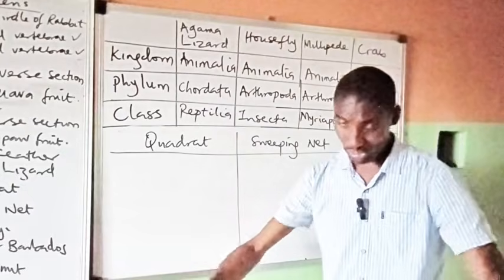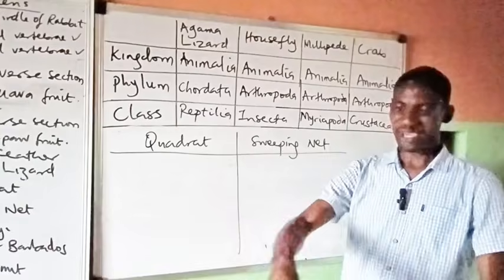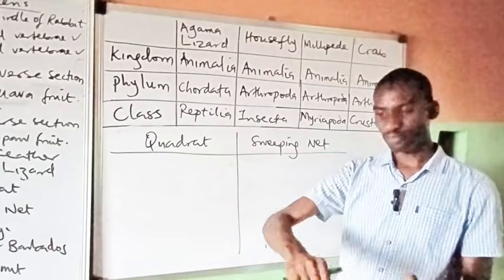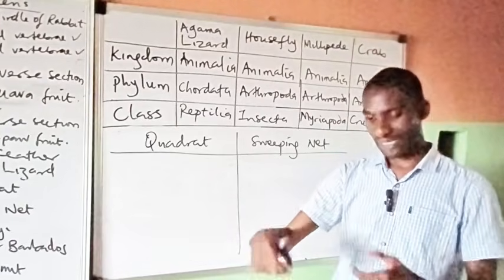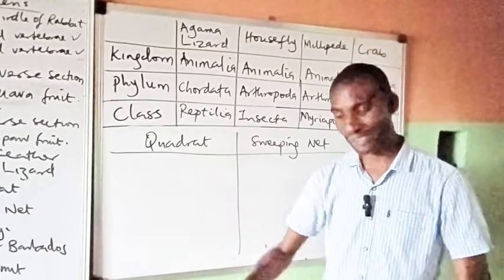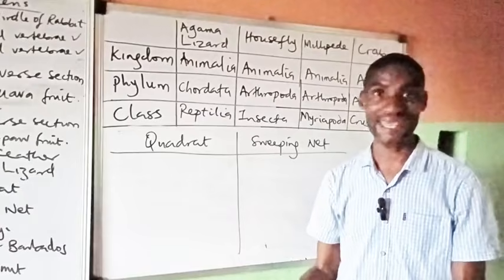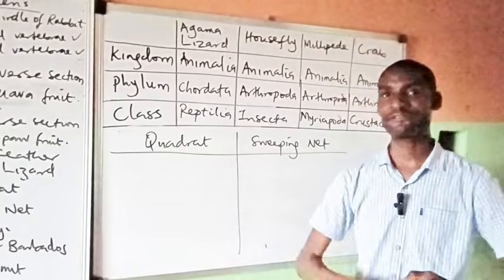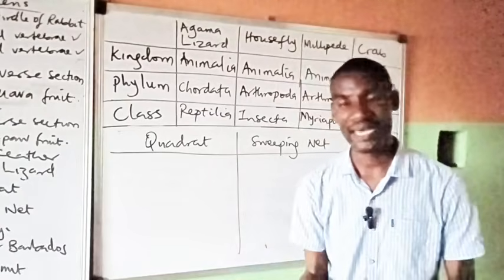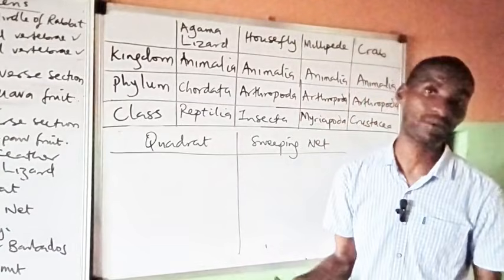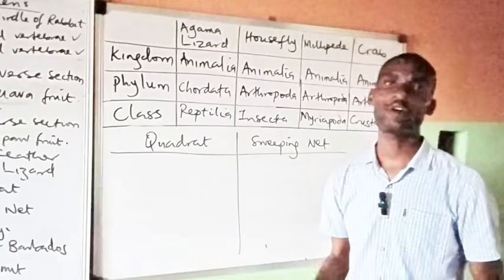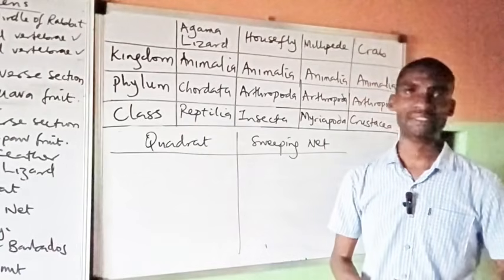So once you throw the quadrat, then you can take the record of the types of plants. Maybe there's guinea grass, there's elephant grass, the grasses you have seen there. Then animals that are very slow in movement, for example, snails. All right, those are the kind of organisms that you use your quadrat to get.